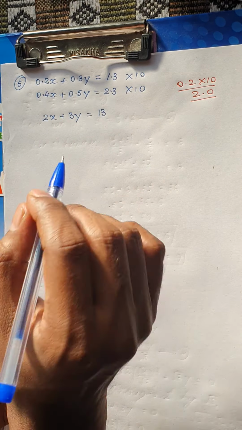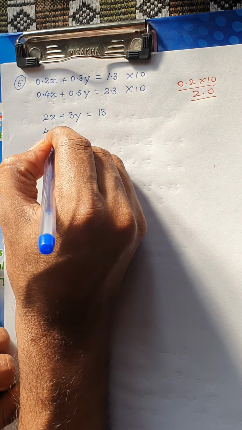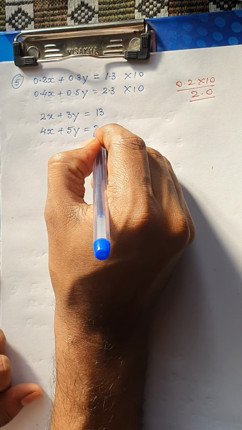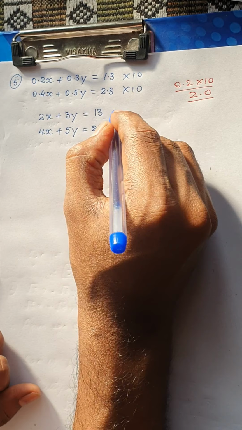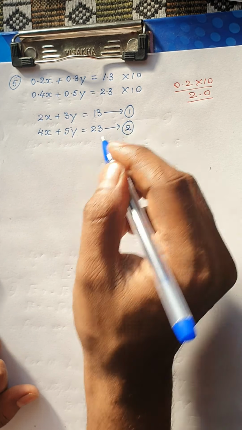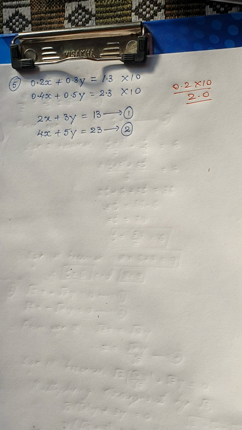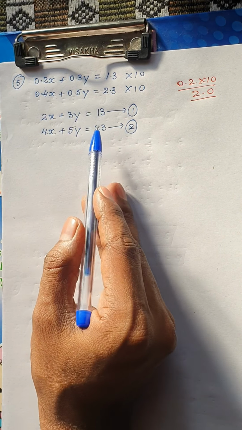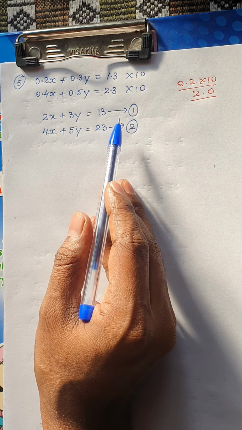Similarly, this equation will become 4x plus 5y is equal to 23. Now it is very easy for me to solve this kind of equations. Remember, even by changing your regular equation into the better form, the values of x and y will never change. They will remain the same.